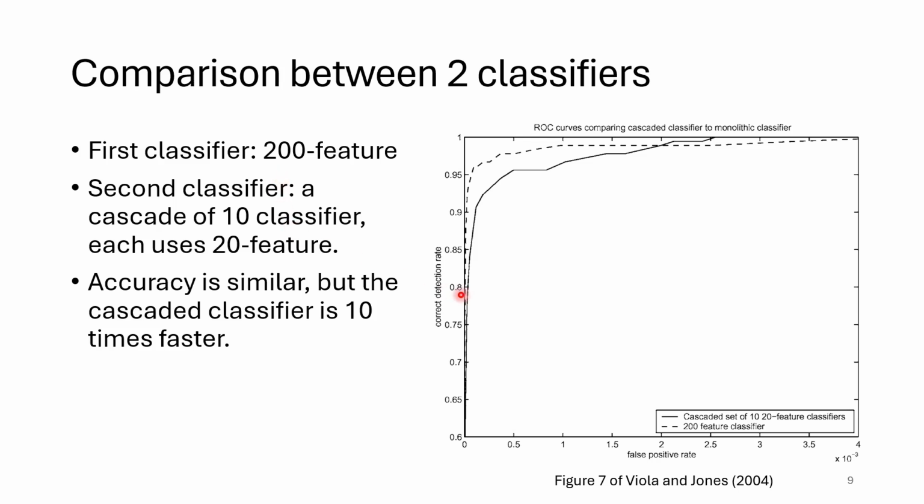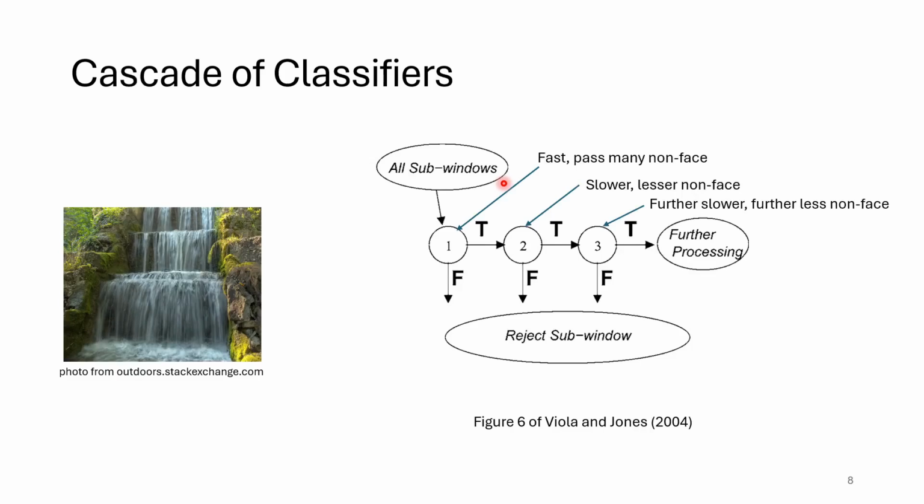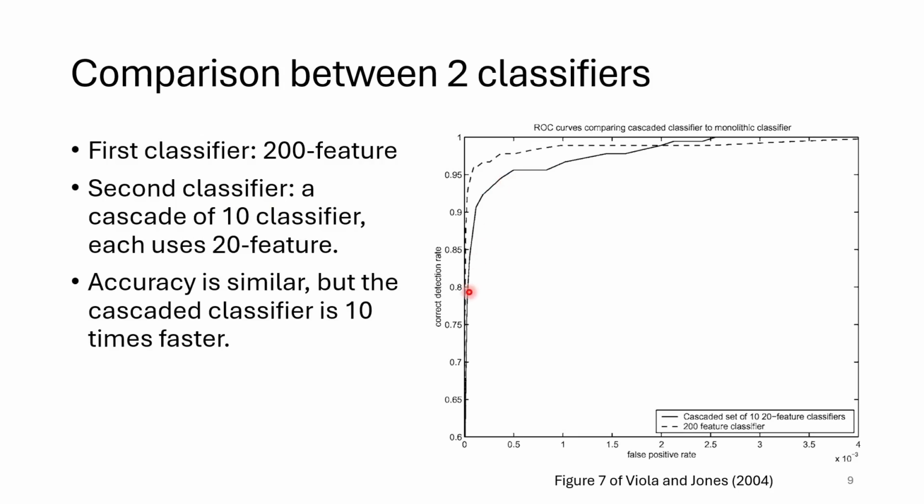The solid line used a 10-classifier strong cascade, and the dashed line is a single classifier with 200 features. As you can see, the ROC curves are almost the same, or very similar to each other.